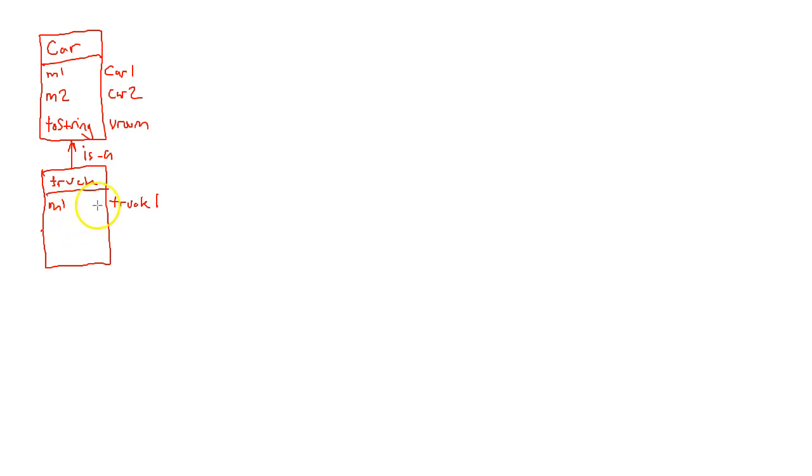Okay, so M1. To figure out, if you created a new Car object, what the method would call, you see M1 is going to produce car1, M2 produces car2, and toString is going to be vroom. If you create a Truck object, you figure out M1: first thing you see is there's an M1 here, so you use this M1, truck1, instead of the M1 here, which would produce car1.